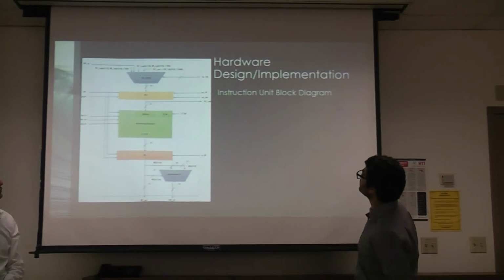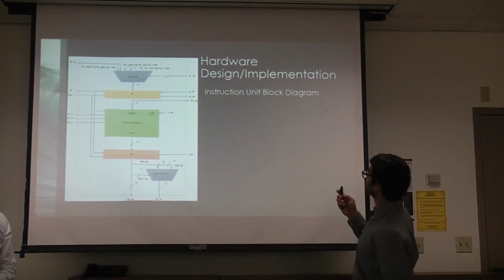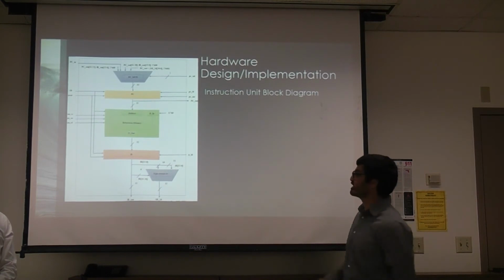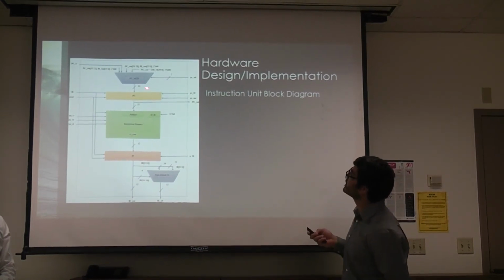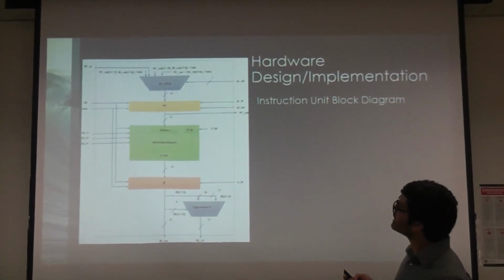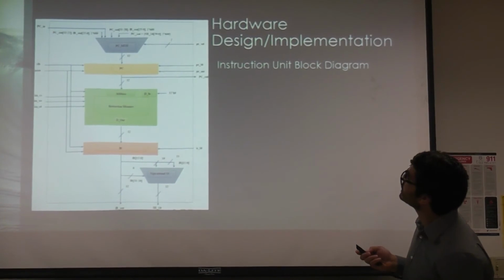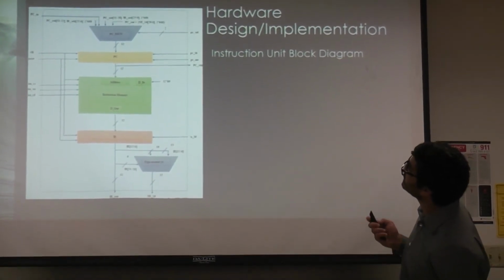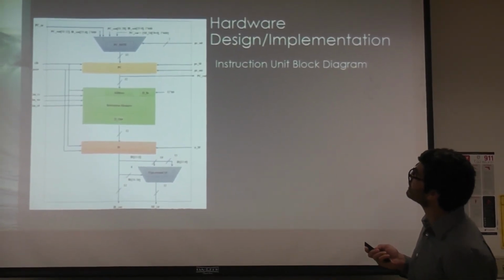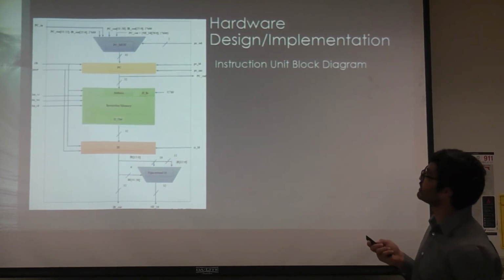Here is our integer unit block diagram, or instruction unit block diagram. We have our PC mux, which is the PC select, which is you have the 31 to 28, IR out, which is 25 to 0, and 2 bits 0, 0. You also have the PC out.